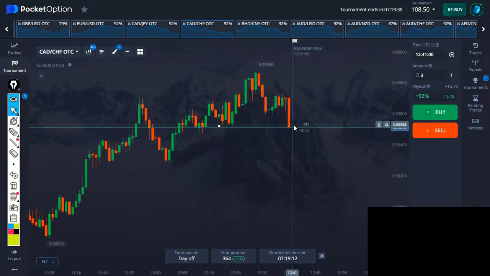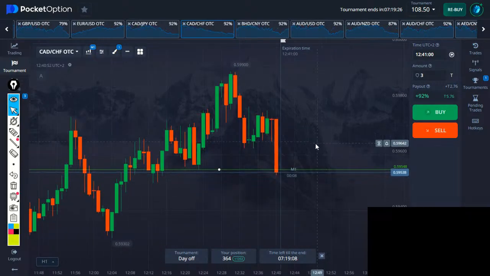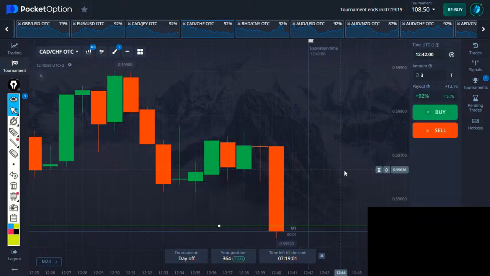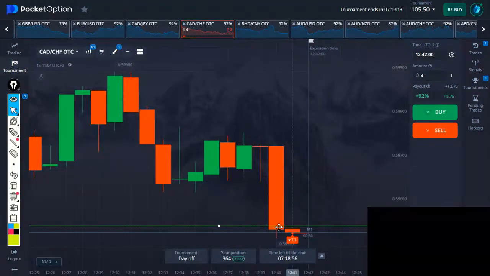That's huge. If I see a gap up, I'll take a sell on this one. Bit of a bad entry. I wanted it at the open, so no problem.